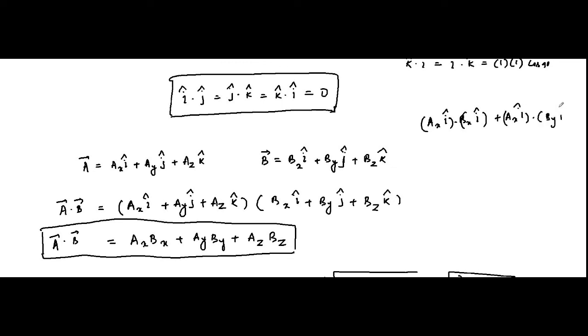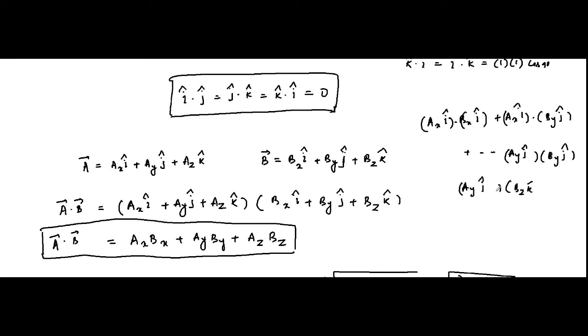Then it will become ay j cap multiplied with by j cap, then ay j cap with bz k cap. So like that the expression would have lengthened.